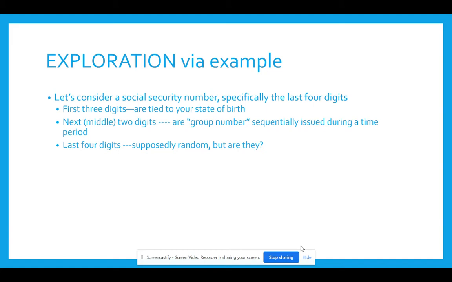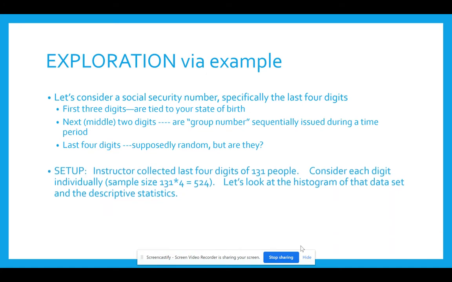The next 2 digits, in the middle, are considered a group number that is sequentially issued during a particular period of time. And then the last 4 digits are supposed to be randomly assigned. But the question is, are they really? We're going to take a look at that.